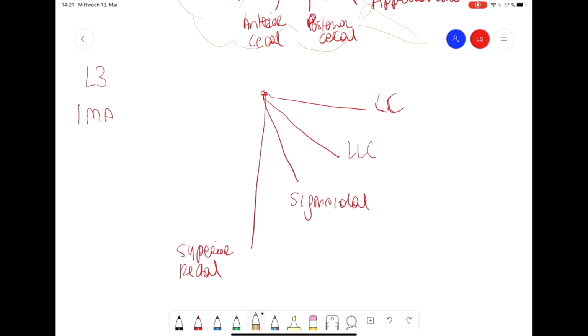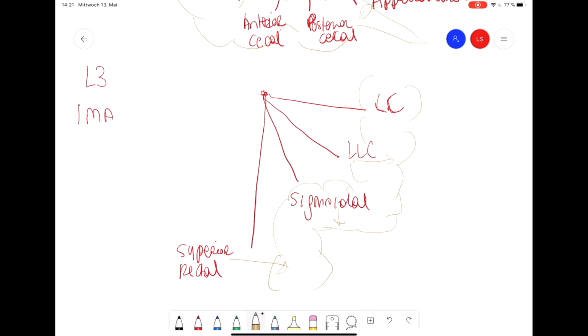So I'll just draw it. If you can imagine this being the descending colon, sigmoid colon, and then we have the rectum here. So this will provide this, this, and so on. So this is the inferior one.